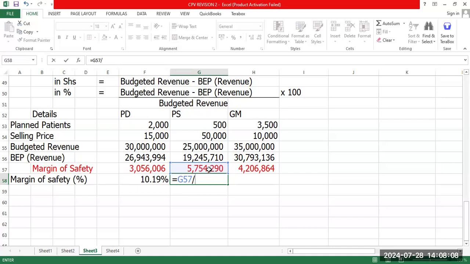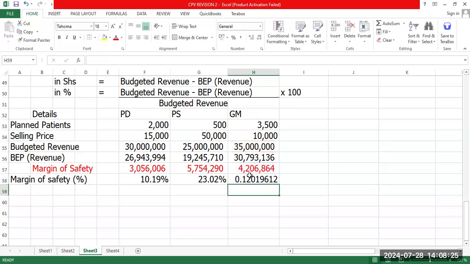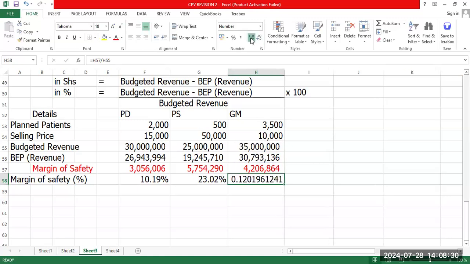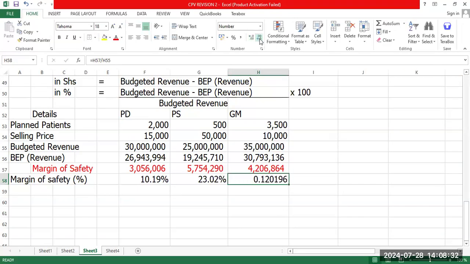So I just get this figure divided by budgeted revenue. If I put percentage in 2 decimal points, that's what I have. Let me just put the percentage.